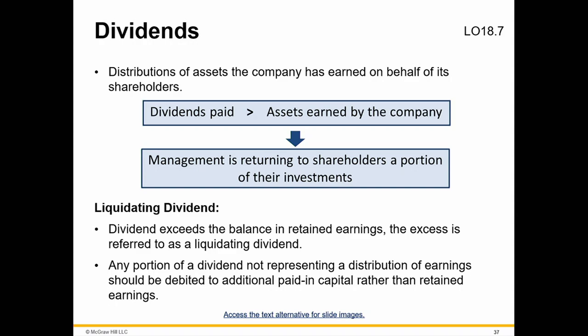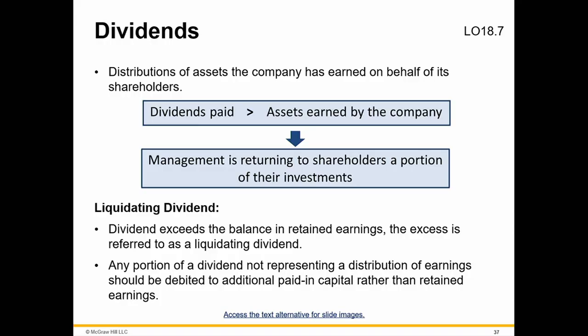And that's exactly what it is. It's money earned by the company, and they're returning to shareholders a portion of their investments because the company wouldn't have been able to make that money without the assistance or the aid of shareholders. A liquidating dividend is a dividend that exceeds the balance in retained earnings, and that's also not necessarily a great sign.